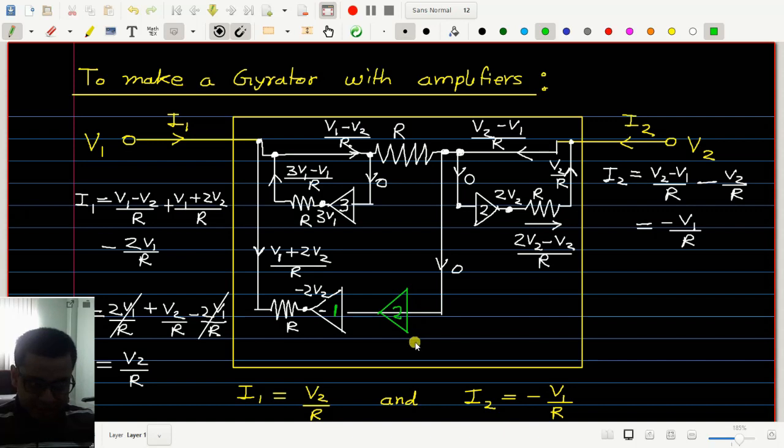Instead of using this amplifier, we can take this input from here. You see, let me remove this connection and let me take this input from here.